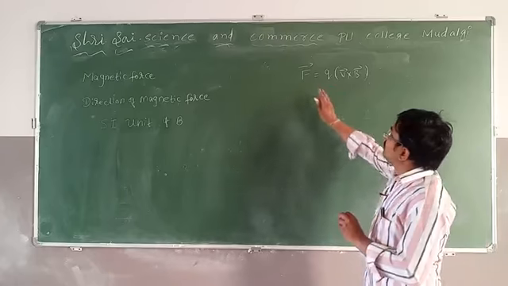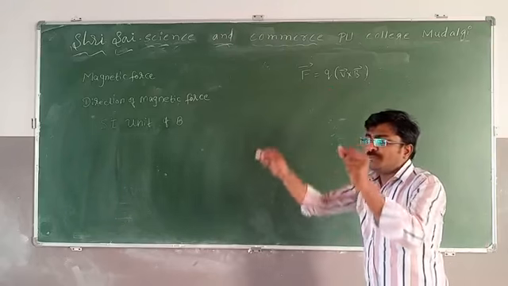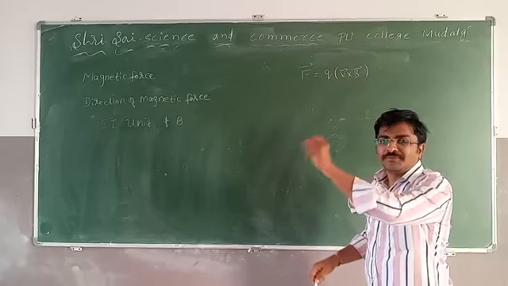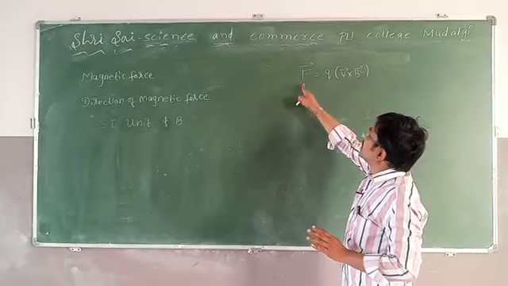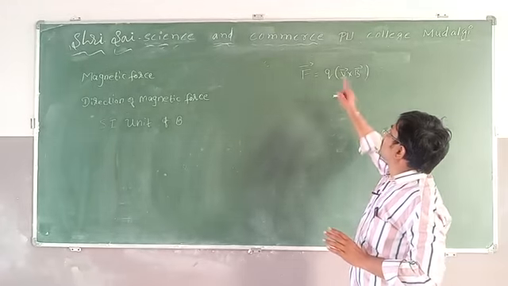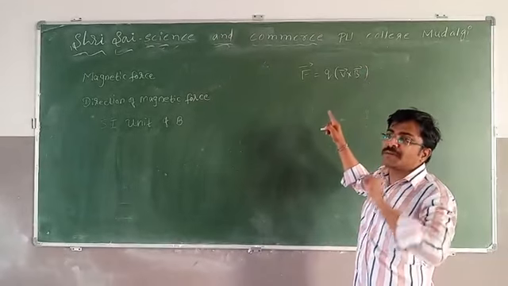How did we get this magnetic force? When the charged particle enters into the magnetic field, it experiences a force. That force is nothing but the magnetic force. That symbol is F. Q V cross B. What is V? Velocity of the charged particle.